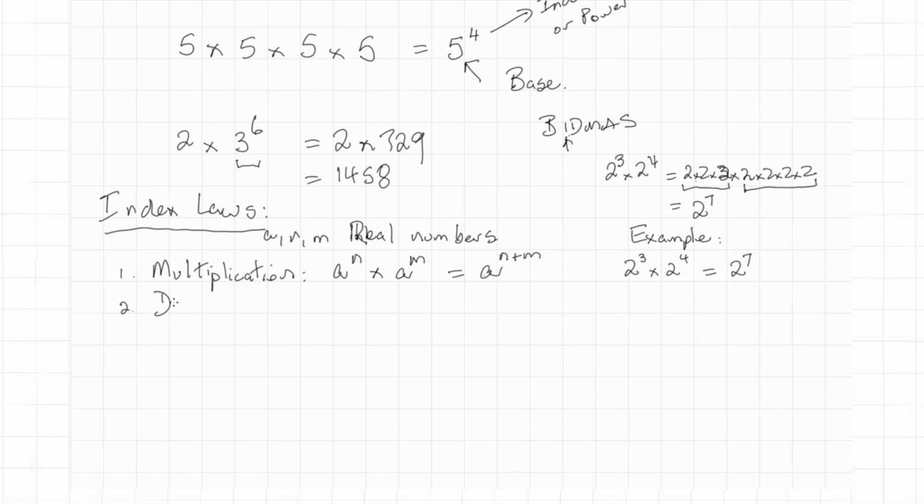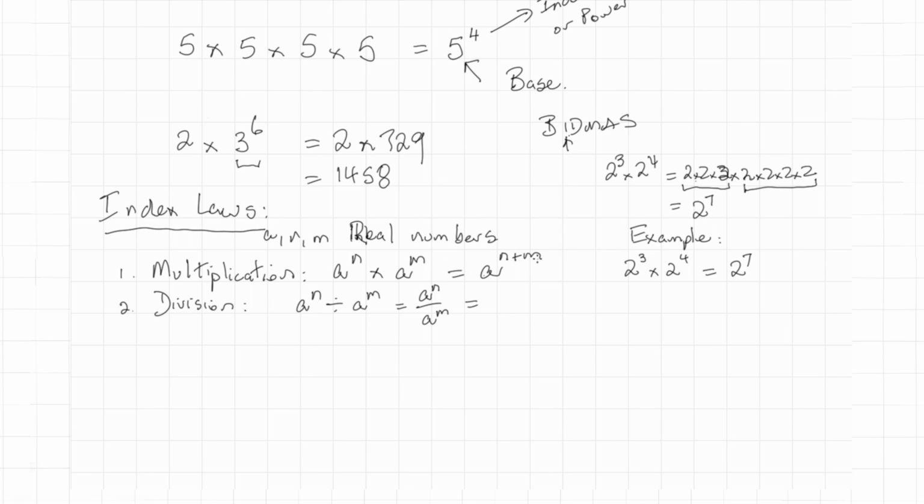Note that we've got the same bases. These index laws only apply when we've got the same bases. So we've got a to the n divided by a to the m. Now once again, another way of writing division is a to the n over a to the m. And just to help you remember these, if multiplication is add, well, what's the opposite of multiplication?